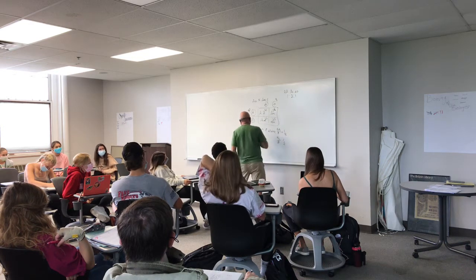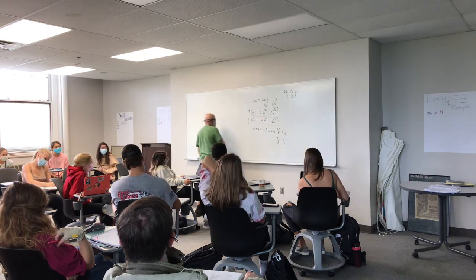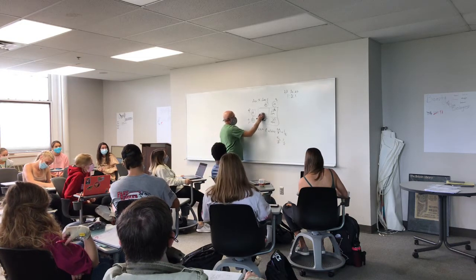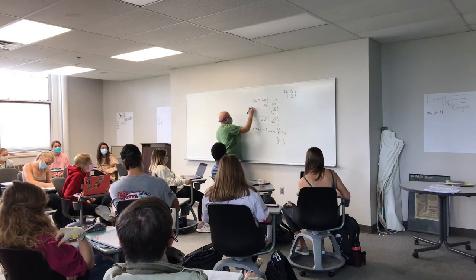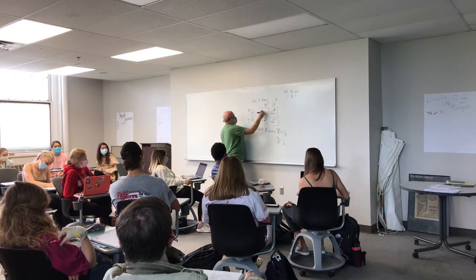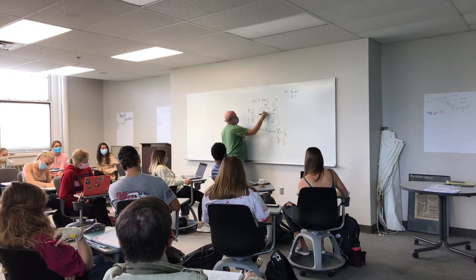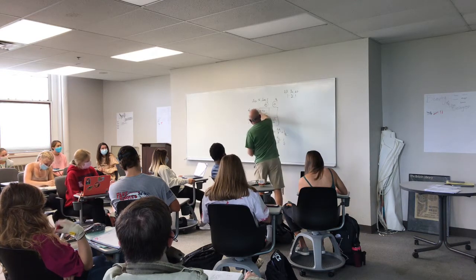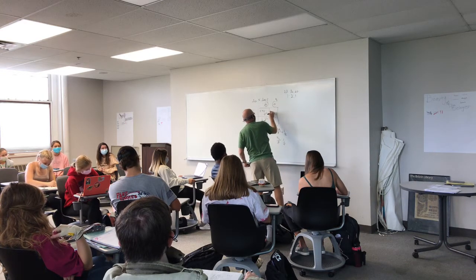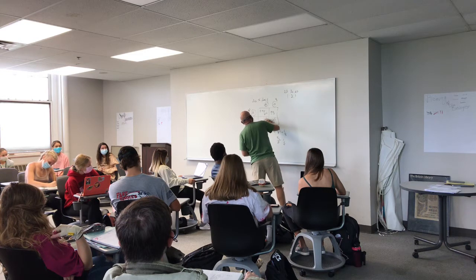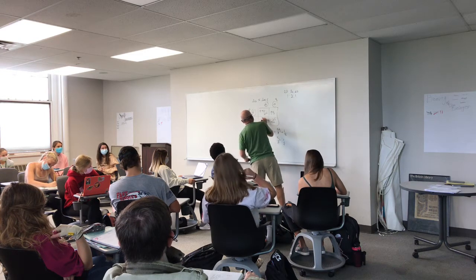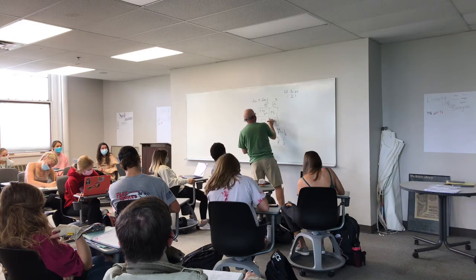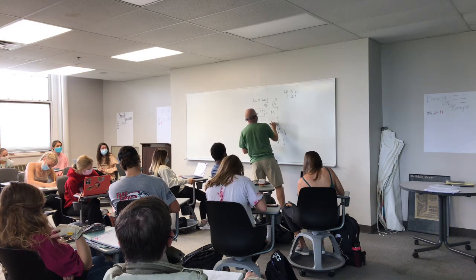When we do that, this doesn't become a genotype as much as it becomes this frequency multiplied by that frequency. This doesn't become a heterozygote, it becomes this frequency multiplied times that frequency. This is the same because it's still P times Q, and this becomes Q times Q, which is Q squared.